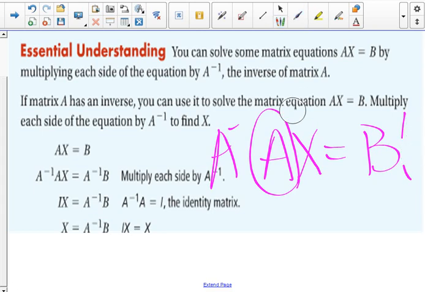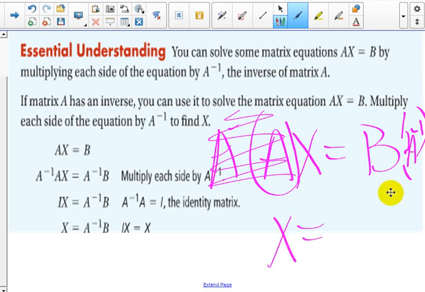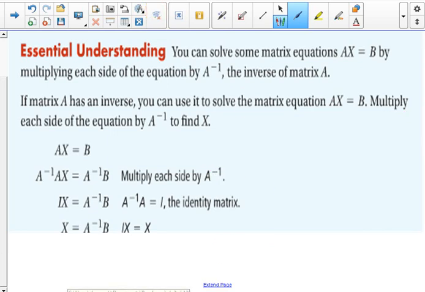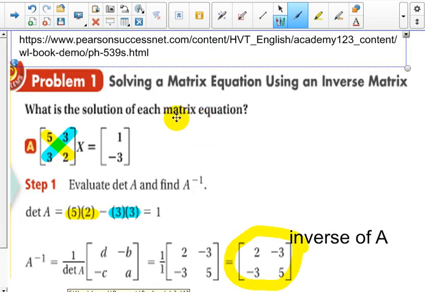Okay, so these cancel out to the identity matrix, which I just don't even write. So it's basically X is equal to the inverse of A times B. And these all represent matrices. Okay? And this is the concept of what we're going to do today. This is on the test.